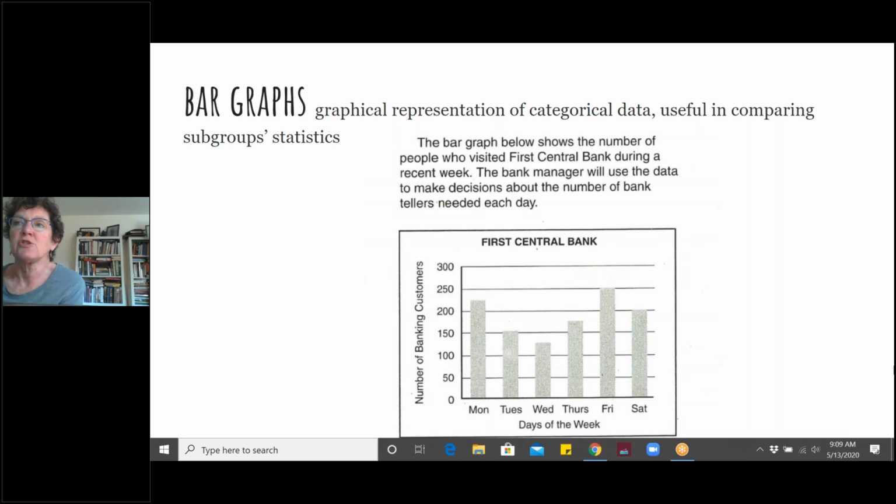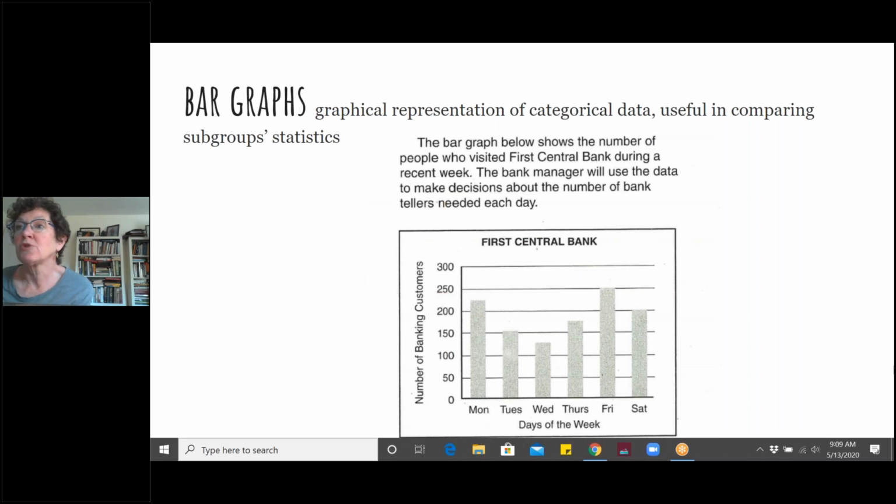You could say that 250 is twice 125, or you could say 125 is half of 250. So the fraction would be a half. Right.